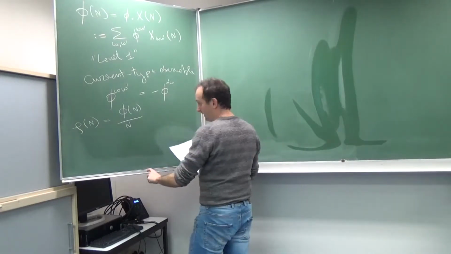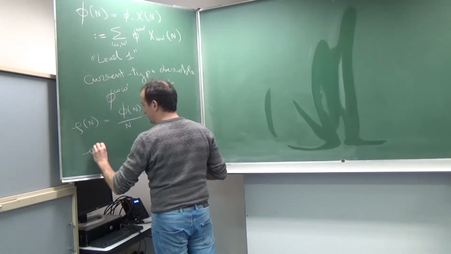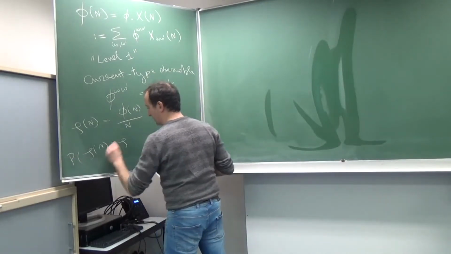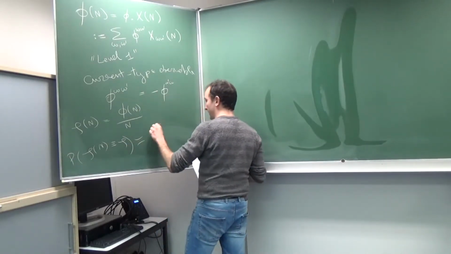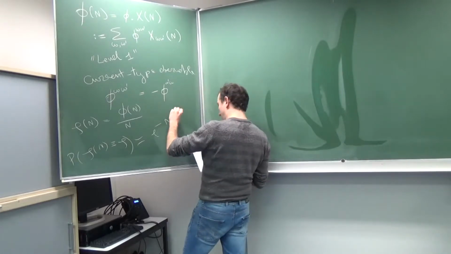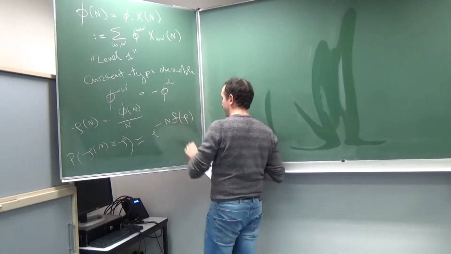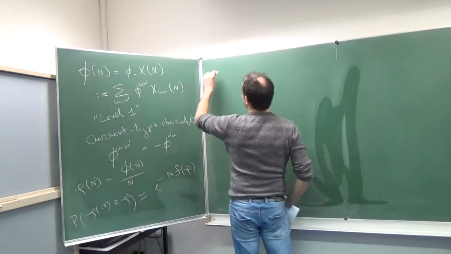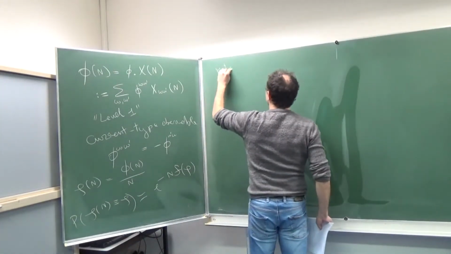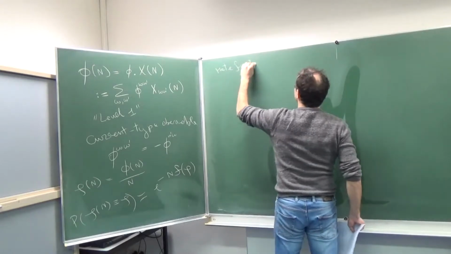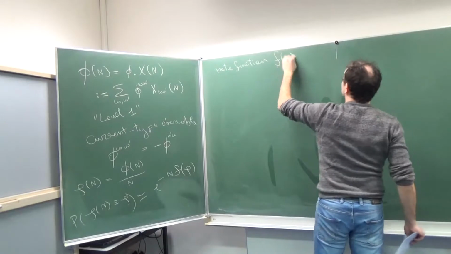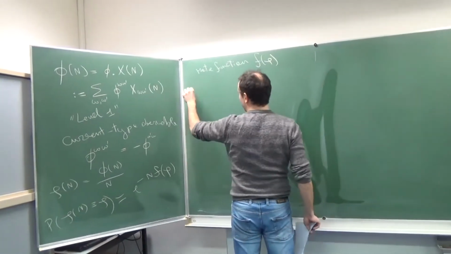So the probability that this takes values phi will grow like e to the minus n some f of phi, where the rate function f of phi is given by the contraction principle.